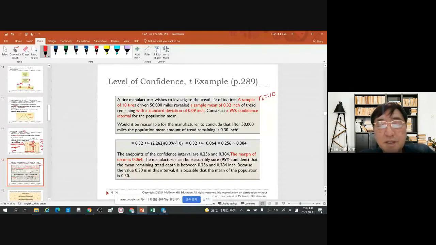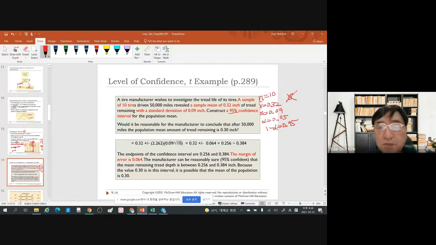Tires driven 50,000 miles reveal the sample mean X bar is 0.32 inches remaining, with a standard deviation S of 0.09. Sigma is unknown, we do not know. 95%, so alpha is 0.05, 1 minus alpha is 0.95.